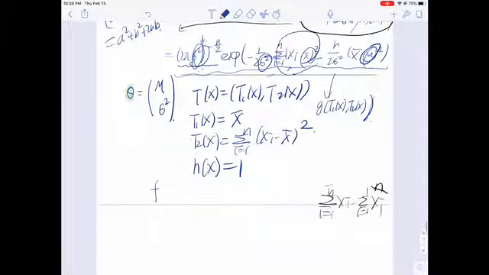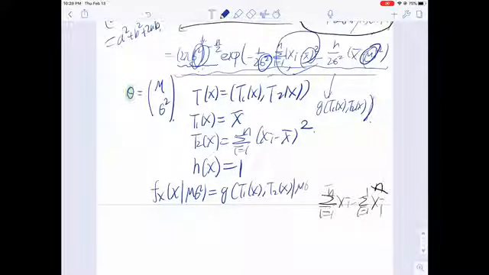So we successfully write the PDF of x into two functions: one is g(T1(x), T2(x)), and the other function is h(x). Thus, by applying the theorem, we show that T(x) equal to (T1(x), T2(x)) is a sufficient statistic for theta.